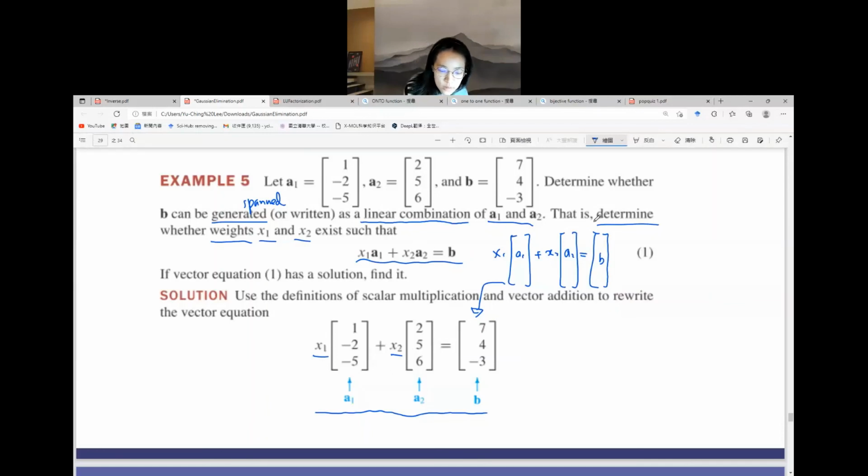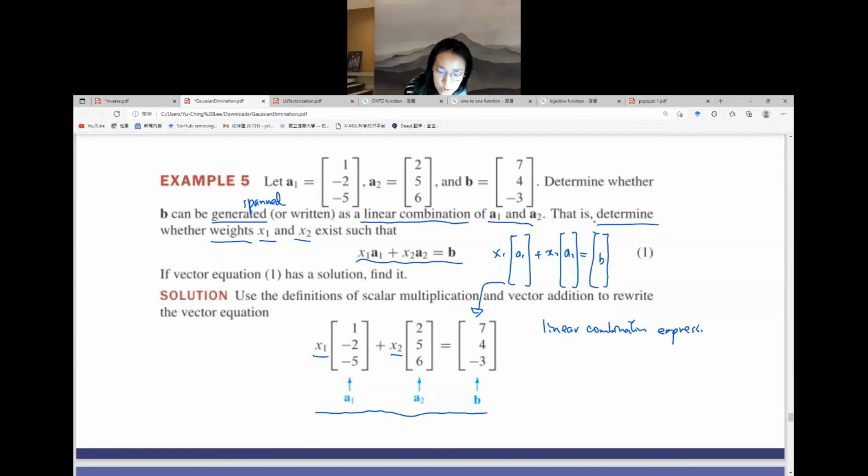And now you're familiar with this linear combination. We have an interchangeable relationship between a linear combination expression, this is a linear combination expression, and a matrix vector multiplication, right?